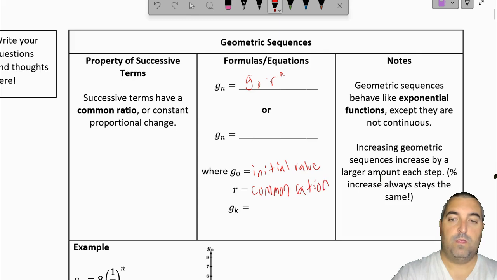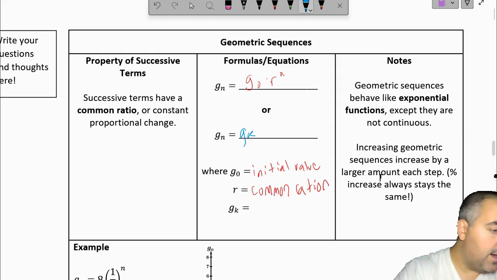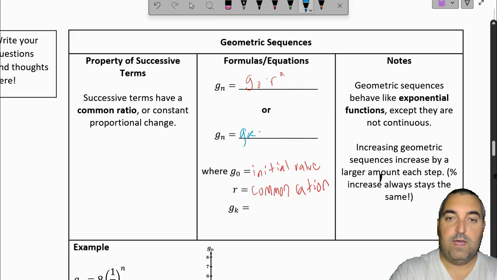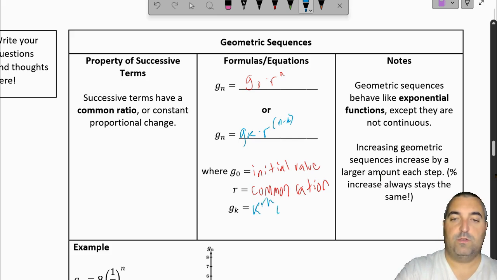The other way you can write it, similar again to arithmetic, is with a specific term, so the kth term here, g sub k times r to the n minus k. And again, this would be the kth term of the sequence.